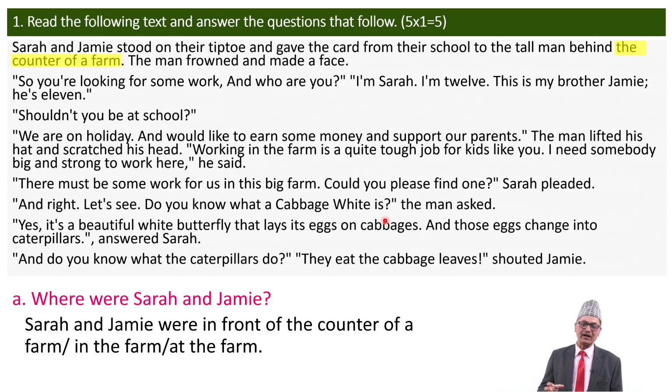So there are multiple answers. Some students can write their own words. So if you write that way, you will also get the mark. So you can either copy the direct words from there or use similar words from your mind. Let's look at the next question.